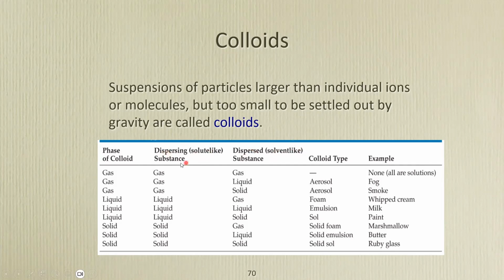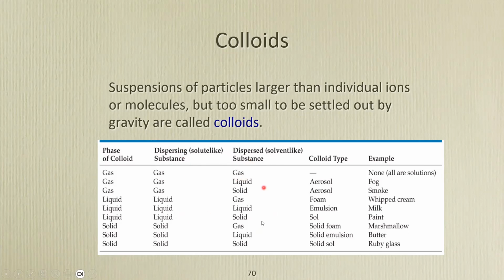Because the dispersing substance is essentially the substance that's doing the dissolving, almost. In this case, we don't actually have it dissolving, but we can think of it in terms of a solution. So that would be the solvent-like, and then the dispersed, the thing that's mixed throughout, would then be the solute-like. So these two parentheses should be switched. But the term itself, dispersed or dispersing, is fine as it is.